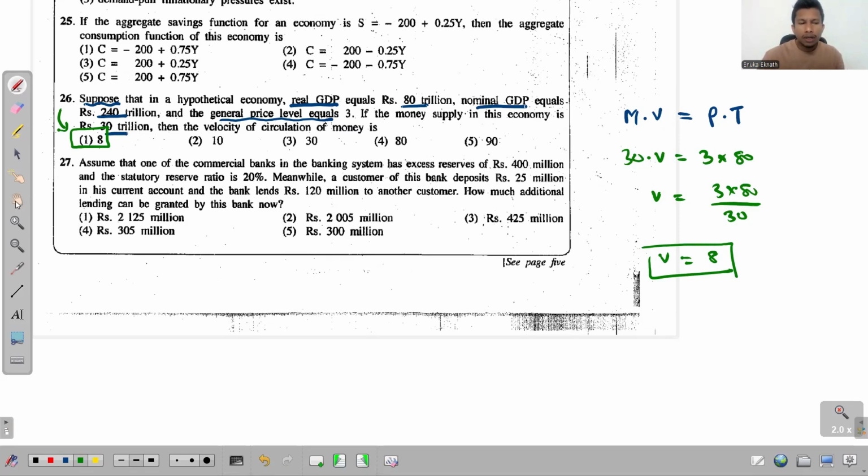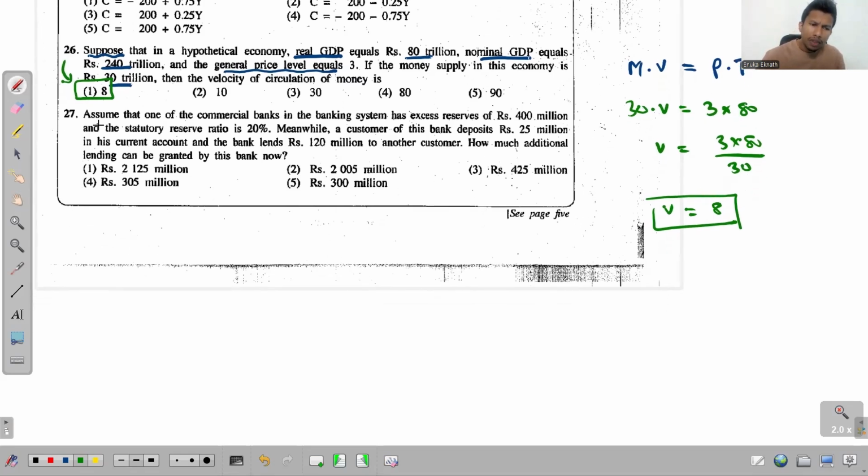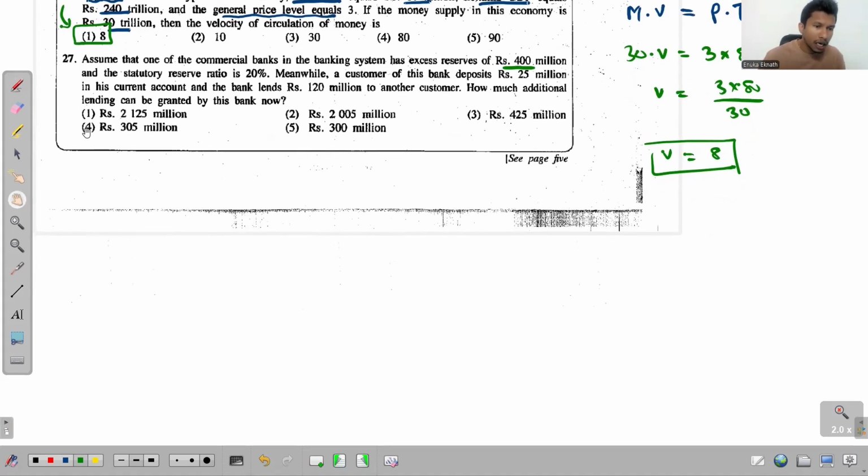Right, look at this question 27 now. It says, assume that one of the commercial banks in the banking system has excess reserves of 400 million. So right now they have excess reserves of rupees 400, let's say simply 400.